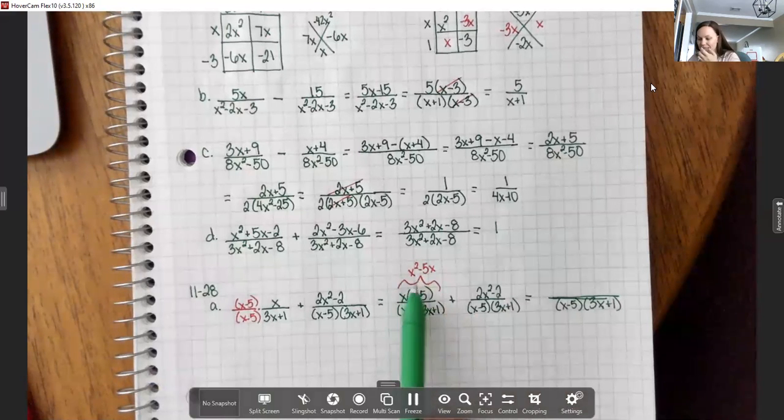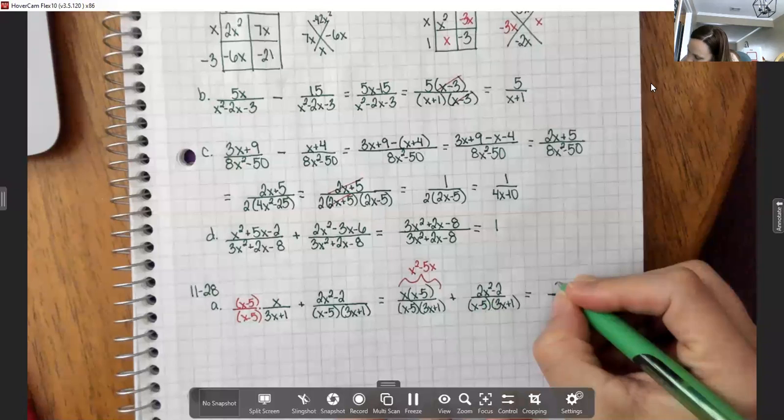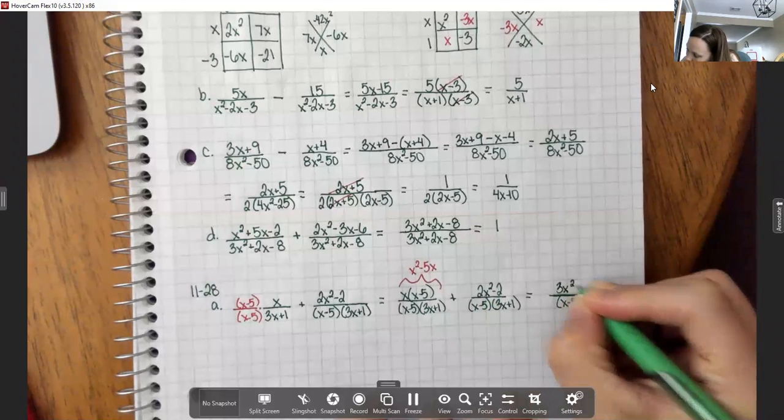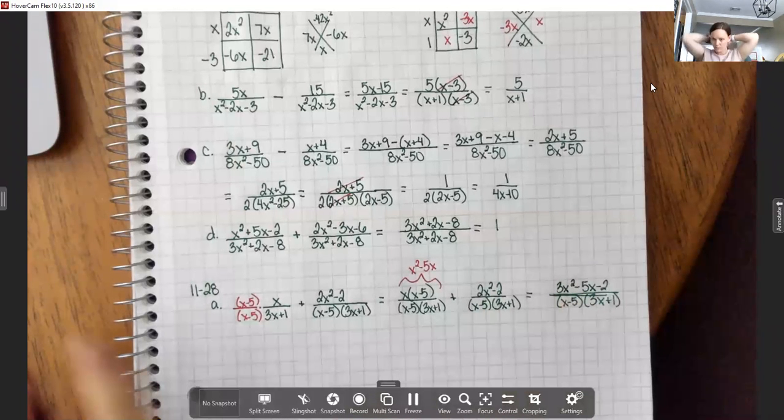If I'm adding these, x squared minus 5x and 2x squared minus 2, I have x squared plus 2x squared, which gives 3x squared, minus 5x, minus 2. So my denominator is factored. I need to factor my numerator.